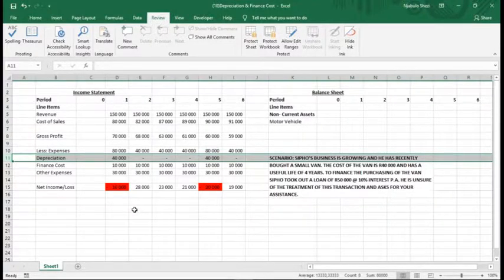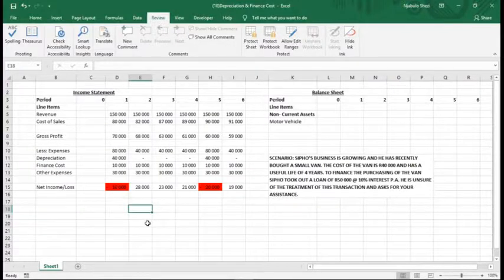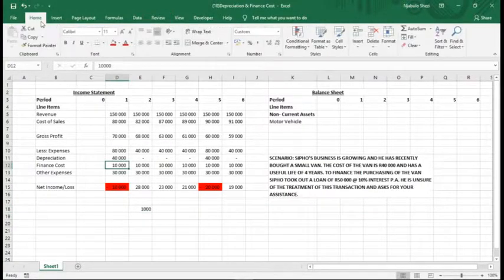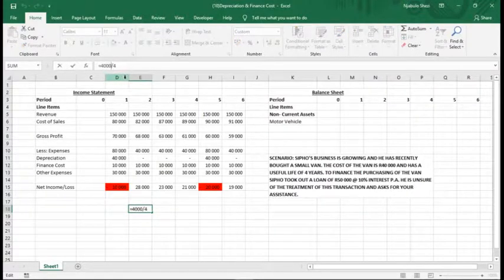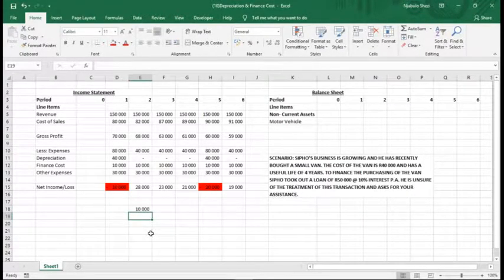What must happen is we need to calculate his depreciation expense over 4 years, divided by 4. So his depreciation expense, 40,000 divided by 4, will be 10,000 rand each and every year.